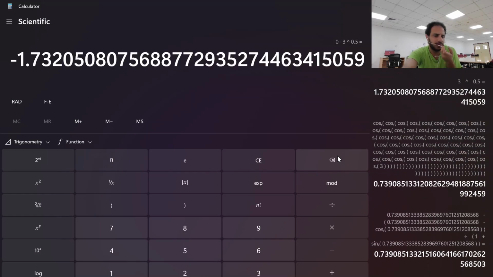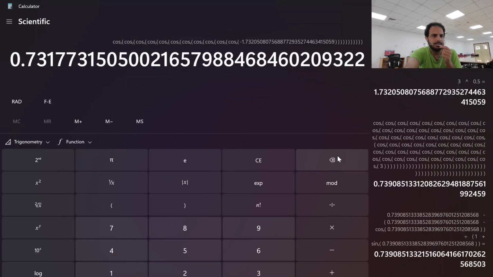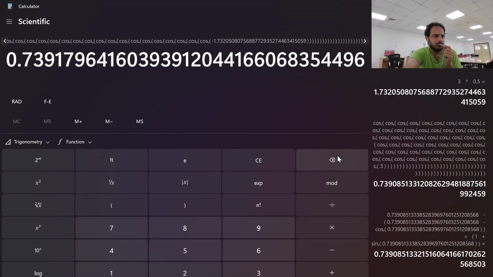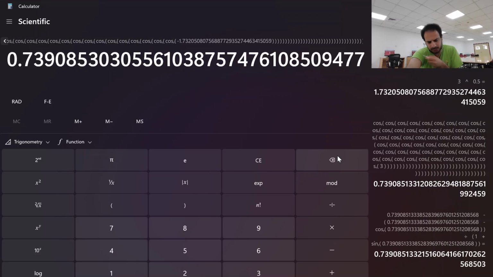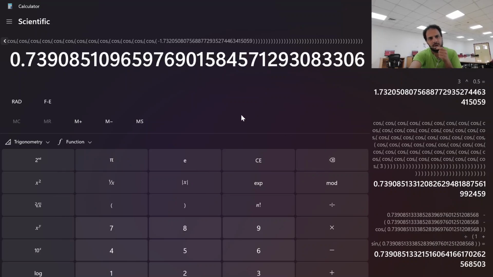For example, you can start with this number if you want. You can start with a negative number and it doesn't need to be an integer. Keep applying cosine. So you can choose any number and you keep applying cosine, you get the fixed point of cosine.